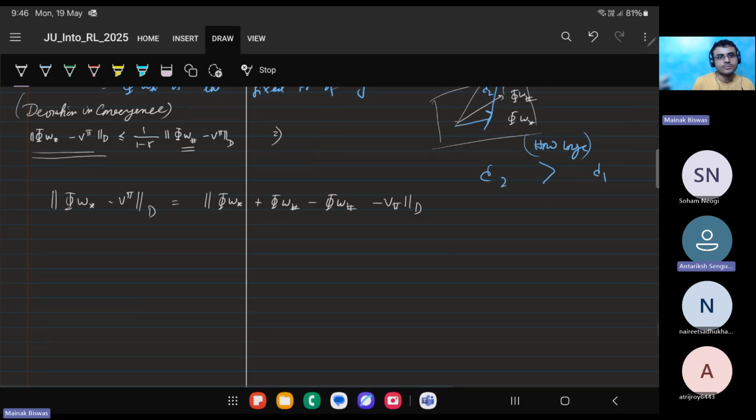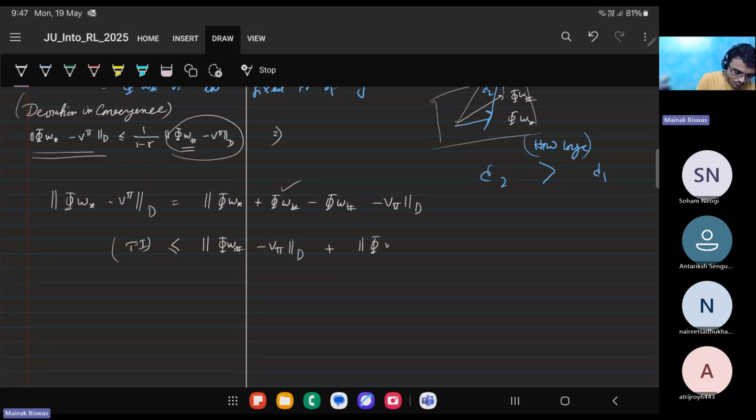Cauchy-Schwarz? I don't think you need Cauchy-Schwarz. Triangle inequality will do. So if I use the triangle inequality, I can write this as phi of W hash minus V pi, plus phi W star minus W hash. Is this fine?